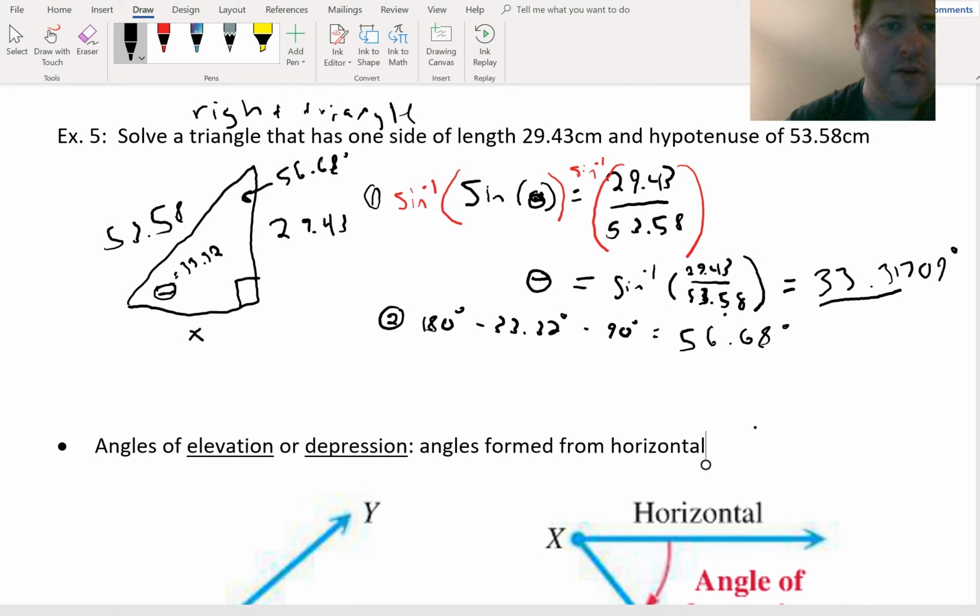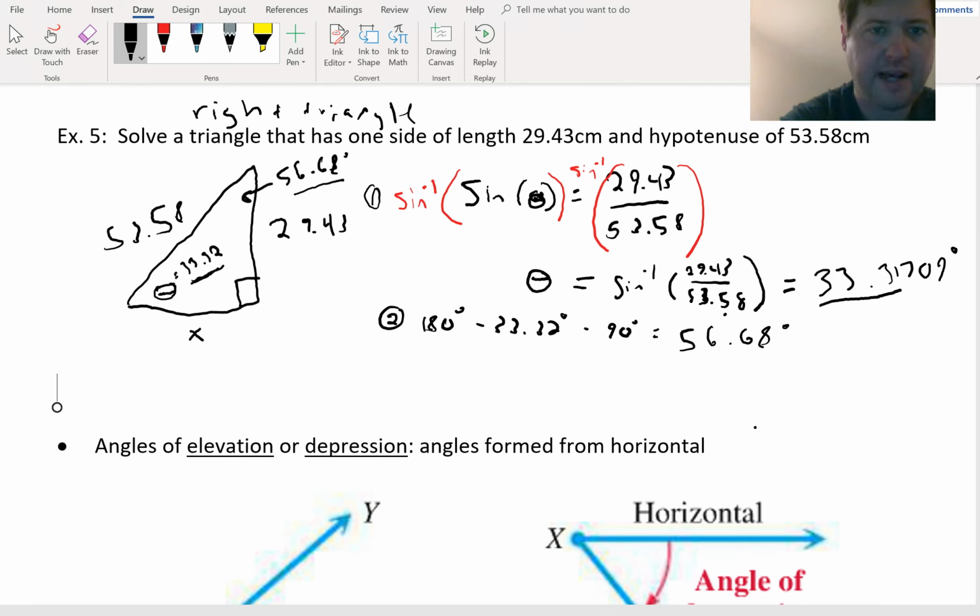Now, we could use this angle 56.68. We could use that. And x is the opposite side of that, so that would tell me I want to use sine. In general, I prefer to use a number that's earlier in the calculation. I'm going to use this 33.32 because that has the least amount of built-in rounding error.